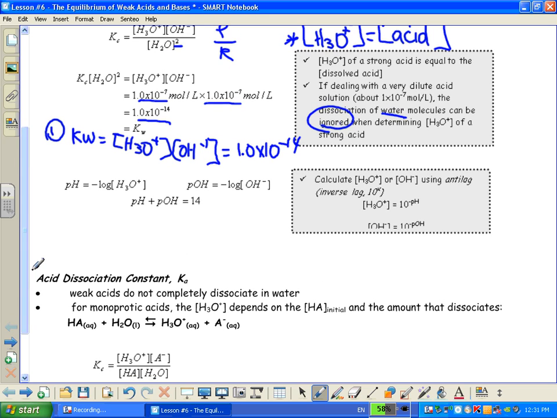The second equation that we're going to learn is how to find the pH of something. So if in the question you're given the concentration of your hydronium ions, and it asks you to find the pH, you just need to substitute it into this equation here. So you're going to take the negative log of the concentration of your hydronium ions.